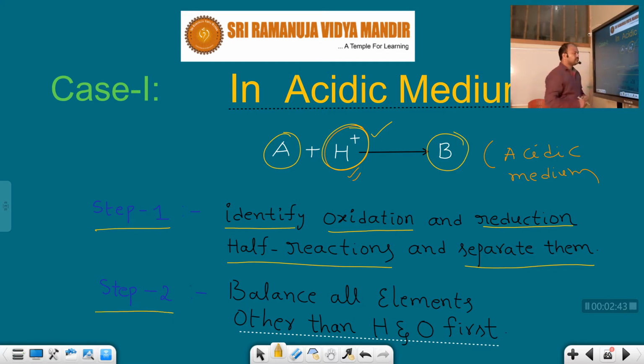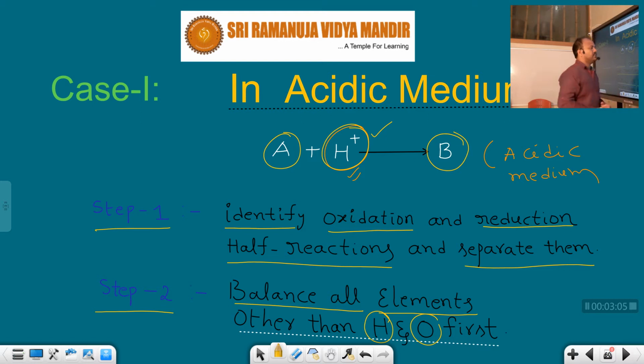Step 2, what is it? After that, balance all atoms of the elements other than hydrogen and oxygen first.